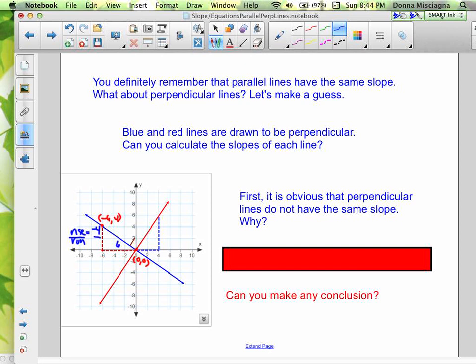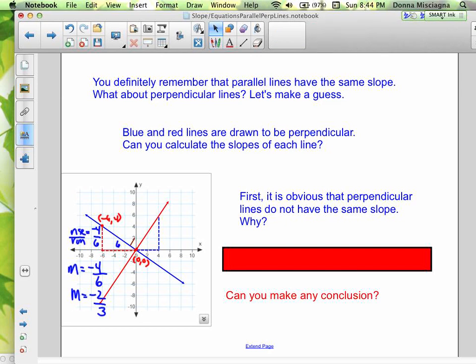So our slope is -4 over 6, and we can reduce that. The numerator and denominator are both divisible by 2. If we divide by 2, we have -2 thirds, because -4 divided by 2 is -2, and 6 divided by 2 is 3.